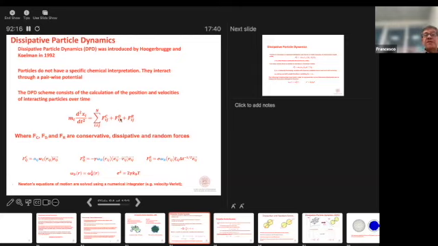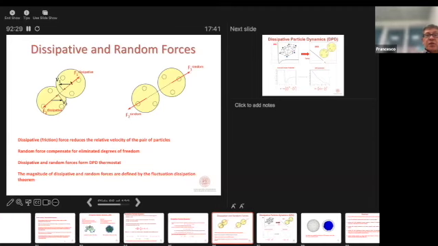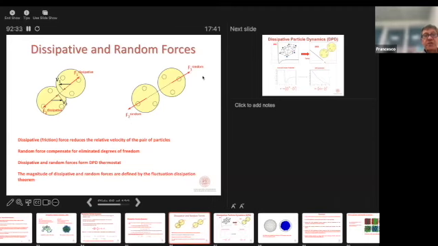And then we have dissipative and random forces, and by the fluctuation-dissipation theorem, the two of them at equilibrium are related.